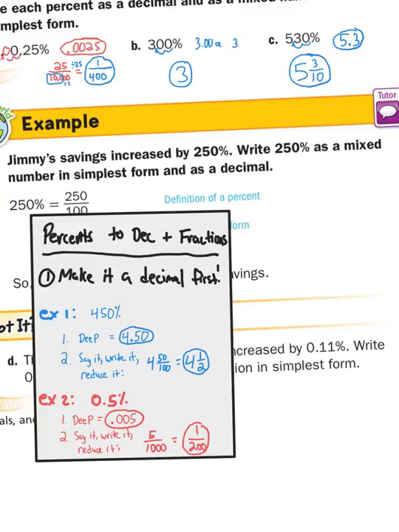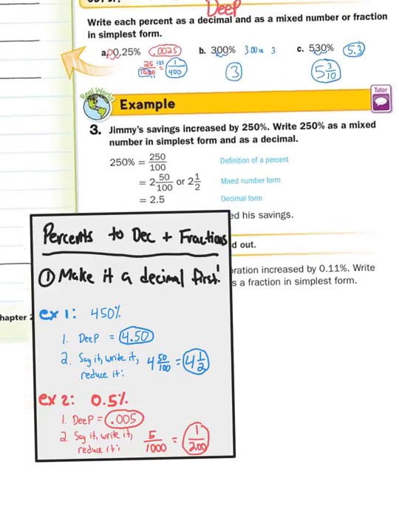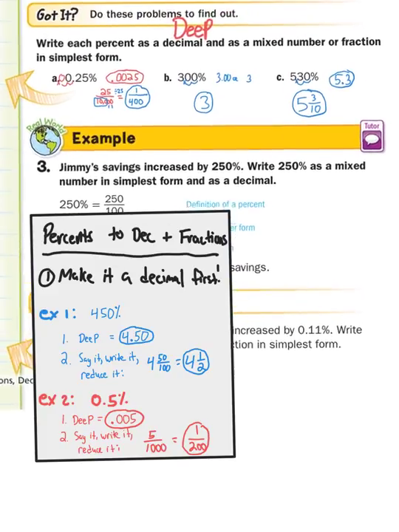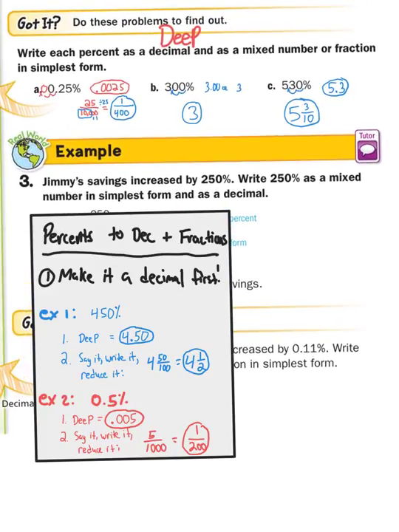All right, let's try one more example here, and this is a real-world example. So let me scroll down here. This says, Jimmy's savings increased by 250%. Write 250% as a mixed number in simplest form and as a decimal. Remember, make it a decimal first. So I'm going to start by deeping it. Once, twice.